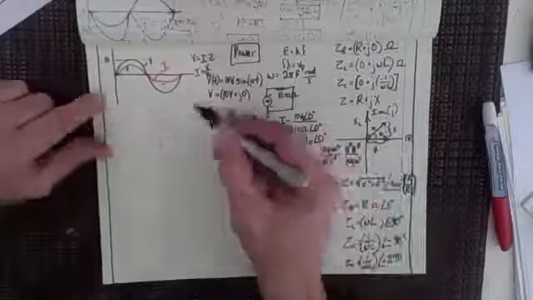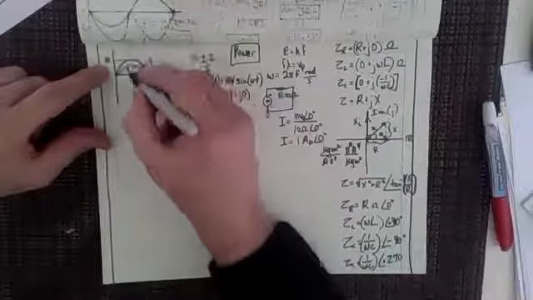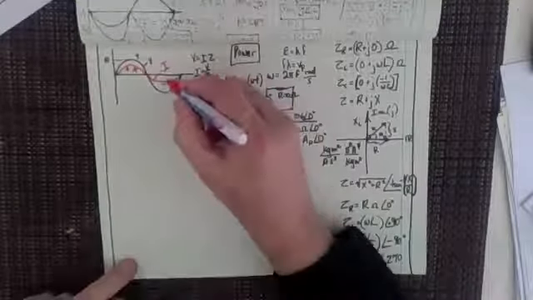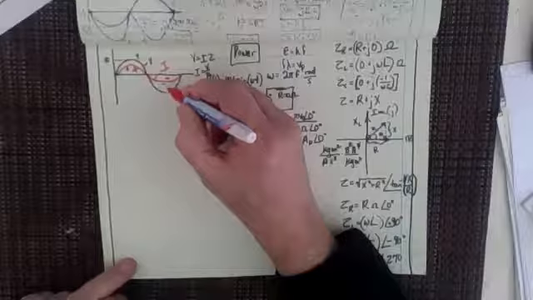Now let's look at the power, right? If you look at it, both the voltage is positive there and the current is positive there too, isn't it? And the current is negative down here and the voltage is negative down there.